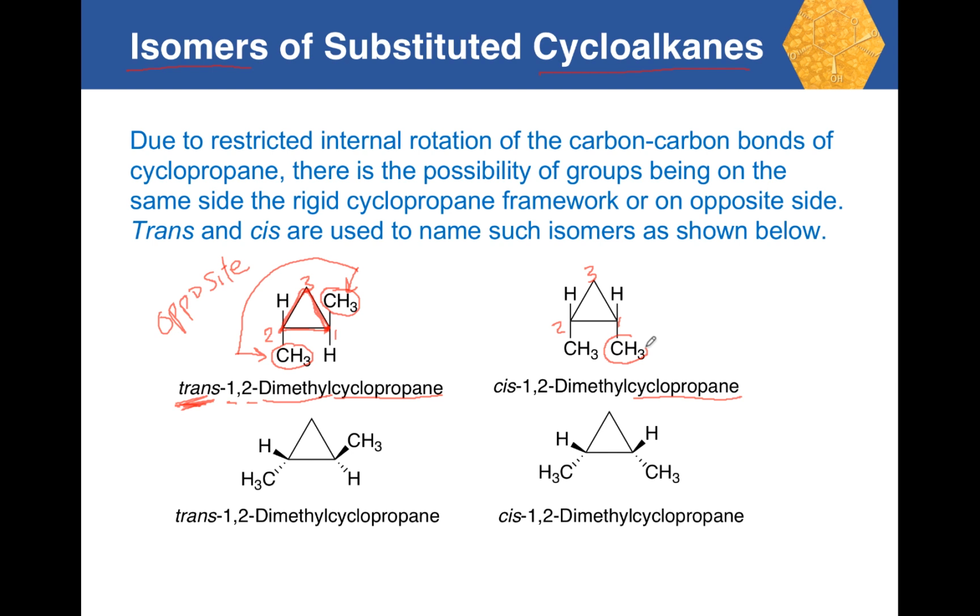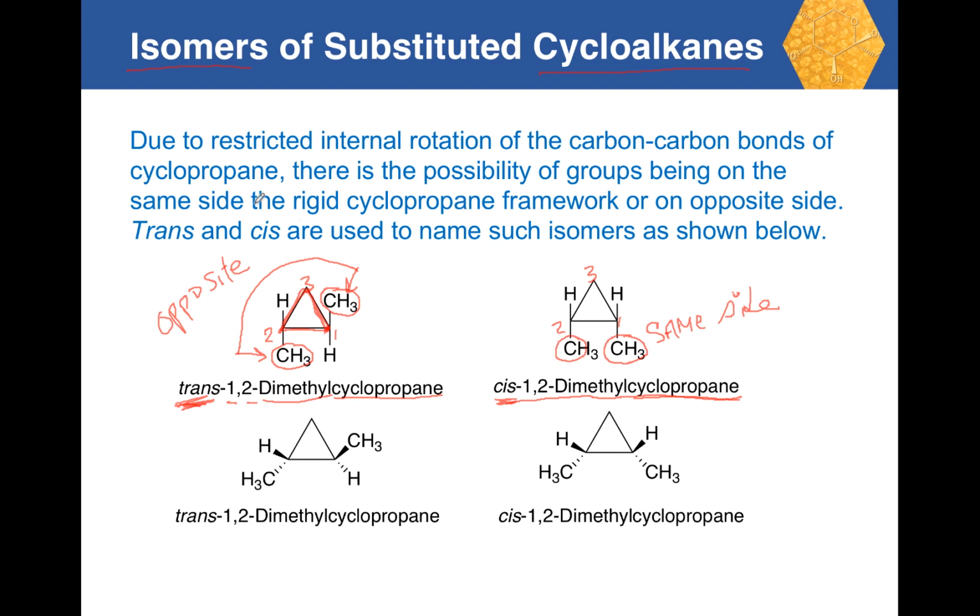We have a methyl group and a methyl group. This time they're on the same side. So instead of saying same side, we say they are cis. So it's cis 1,2-dimethyl cyclopropane is the name of this molecule.